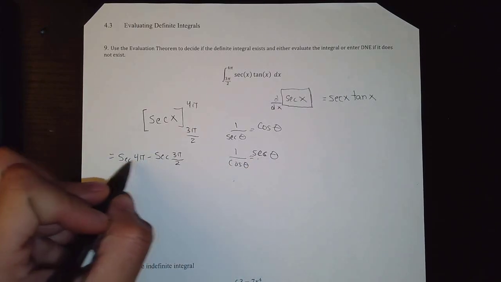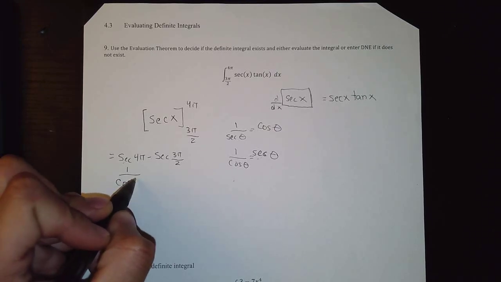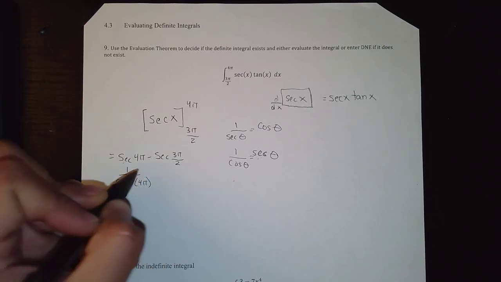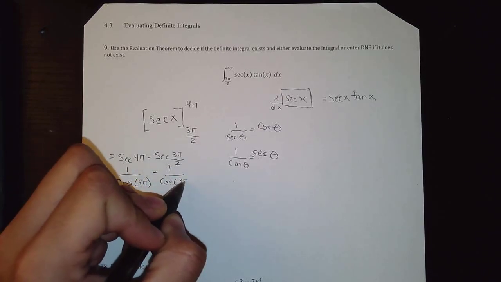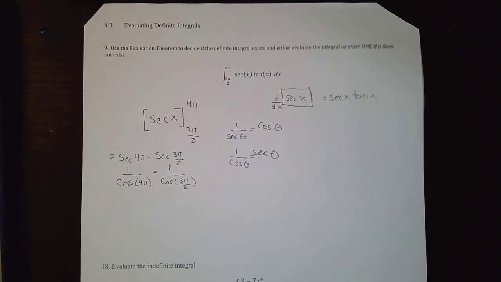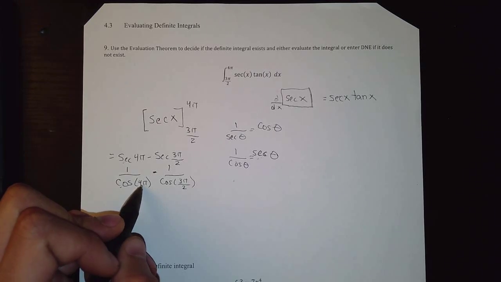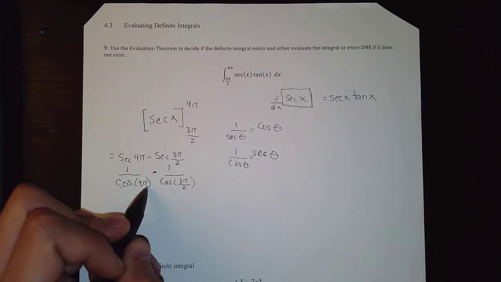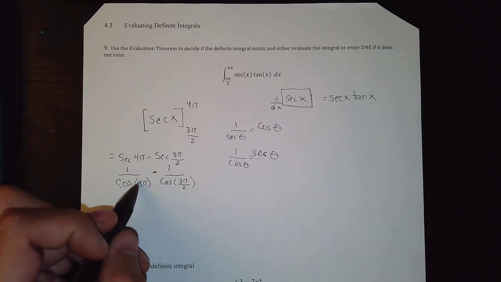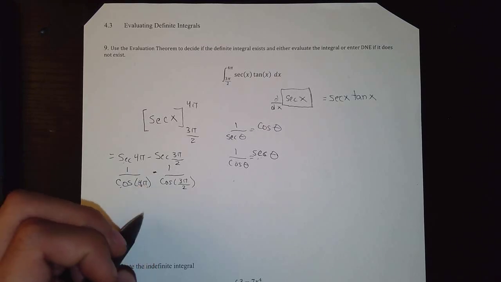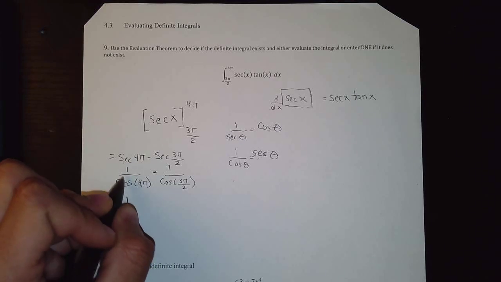So I'll rewrite secant of 4 pi as 1 over cosine of 4 pi, and then subtract 1 over cosine of 3 pi over 2. Cosine of an even number of pi is a positive 1. So cosine of 0 pi is 1. Cosine of 2 pi is 1. Cosine of 4 pi is 1. So this is 1 divided by 1, or just 1.